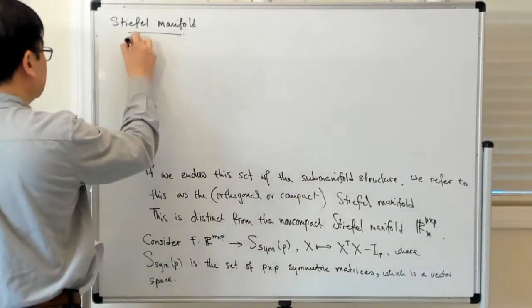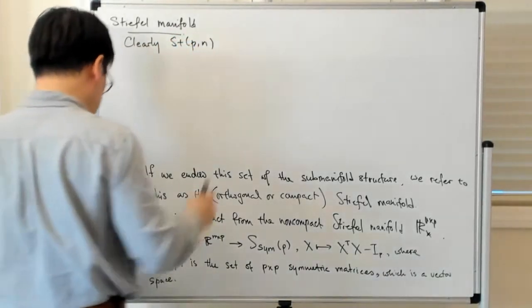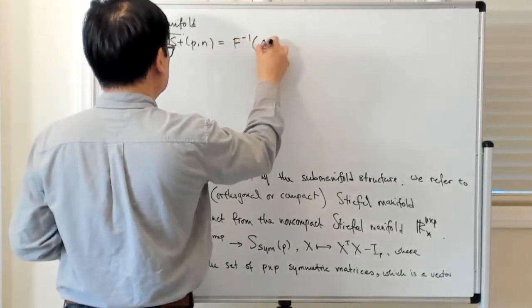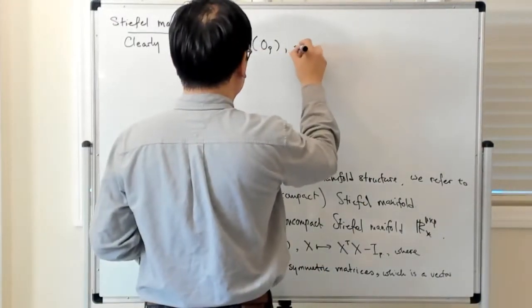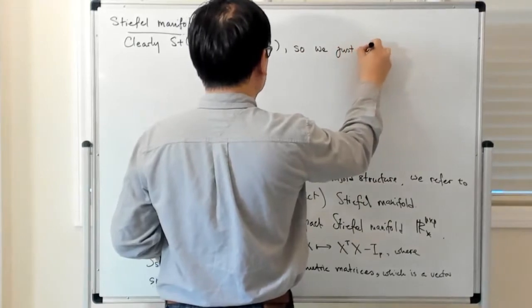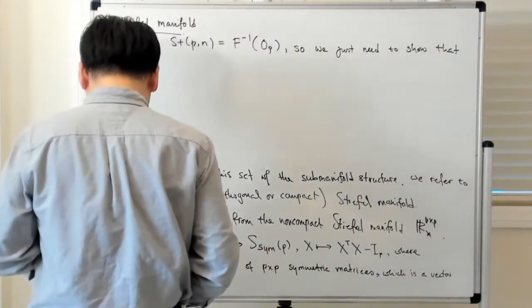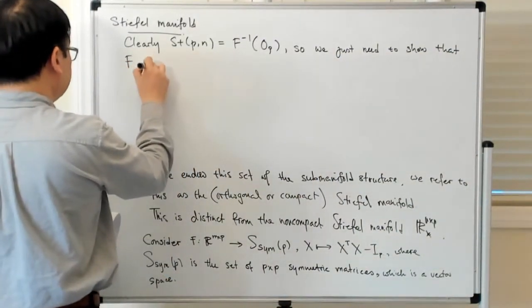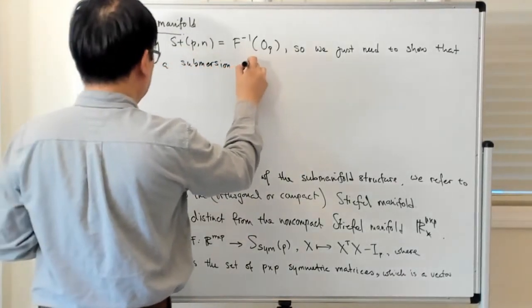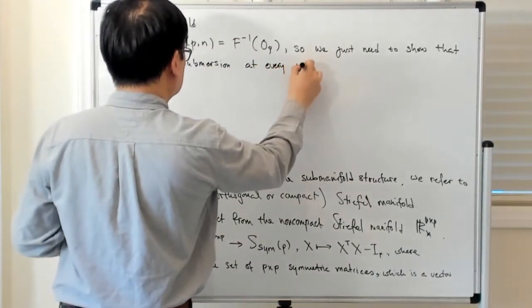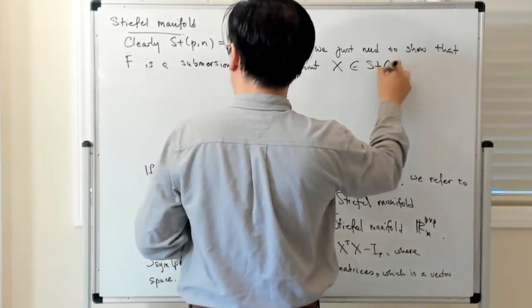So clearly St(P, n) is F inverse of the P by P zero matrix, and we just need to show that F is a submersion at every point X of this Stiefel manifold.